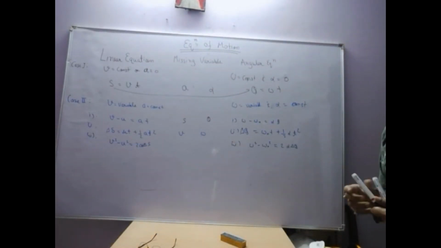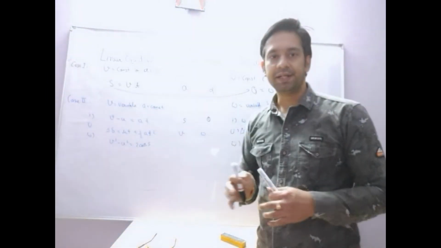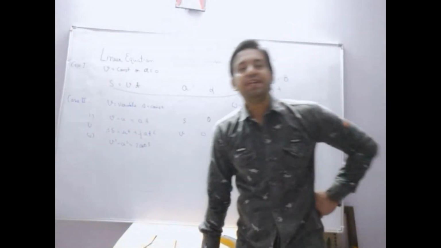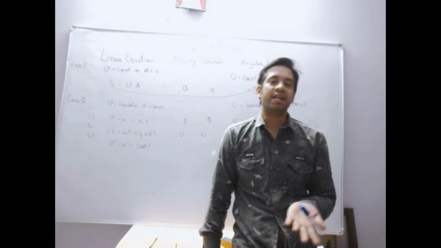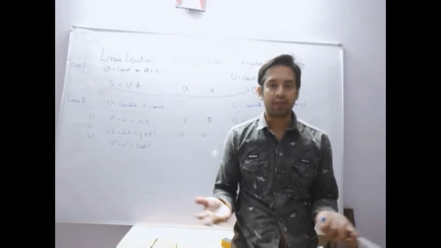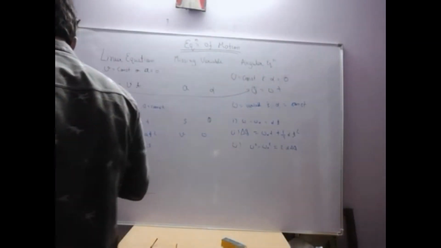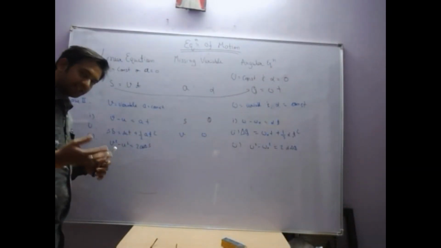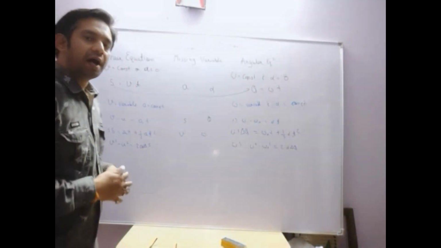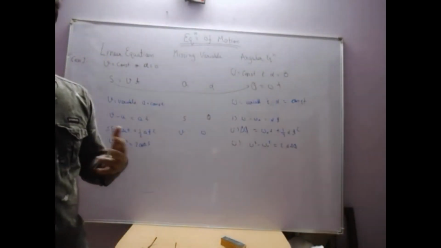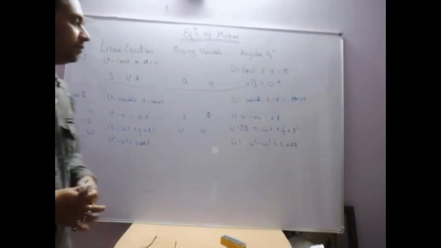Now, case third is an important case, in which acceleration is also a variable quantity with respect to time. We are not taking the case of acceleration variable with velocity or with displacement in rotational motion, because questions basically come from this category only.